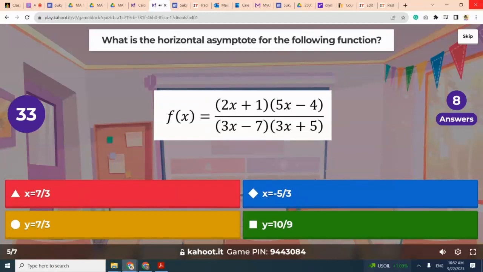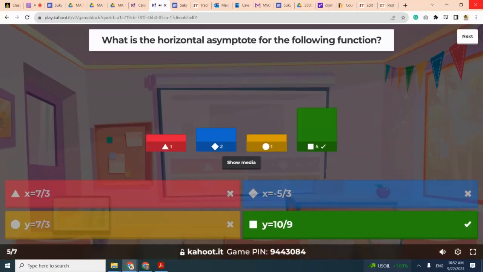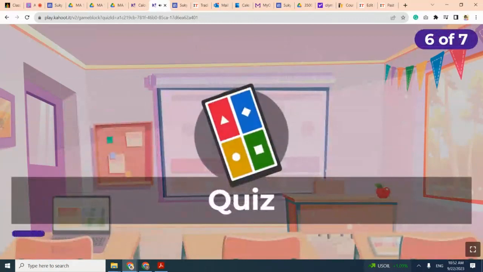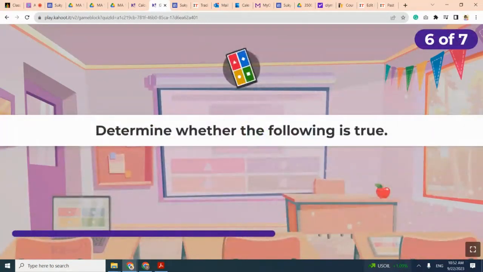One more student. Get it? Okay, yes, very good. So 10 over 9. We multiply the highest power terms. Good. Sorry, I keep you waiting a little bit.